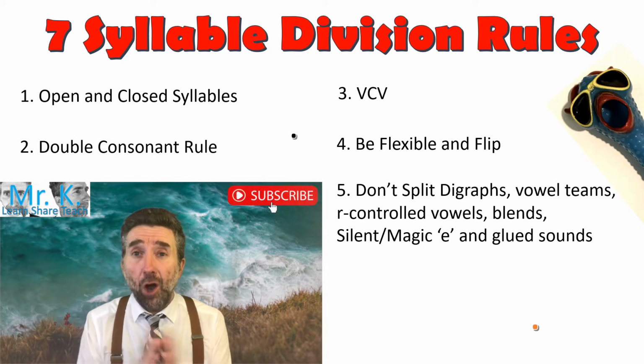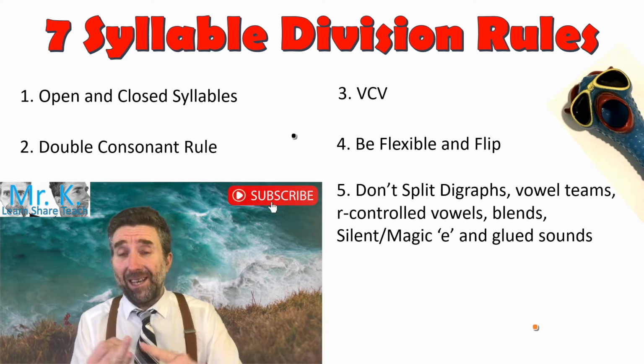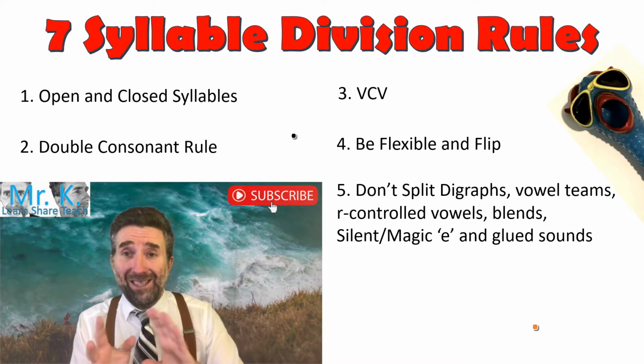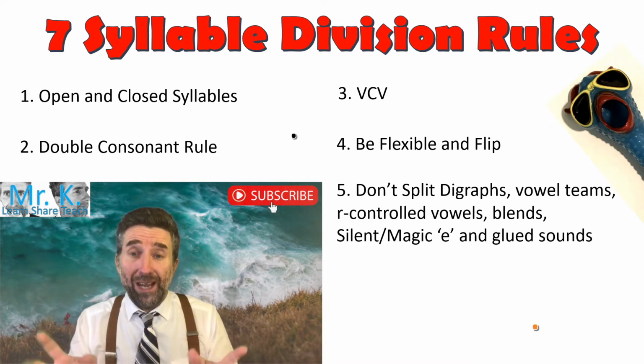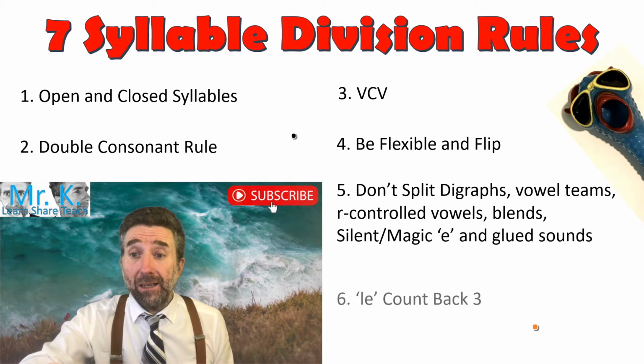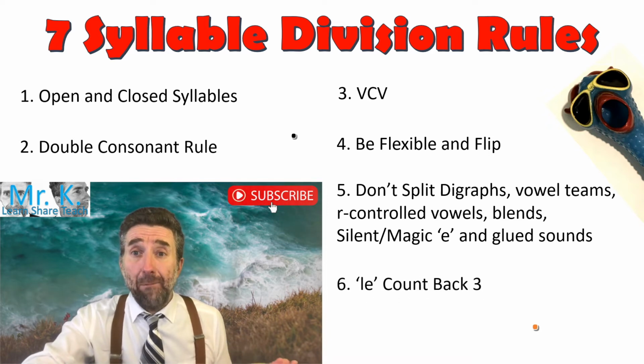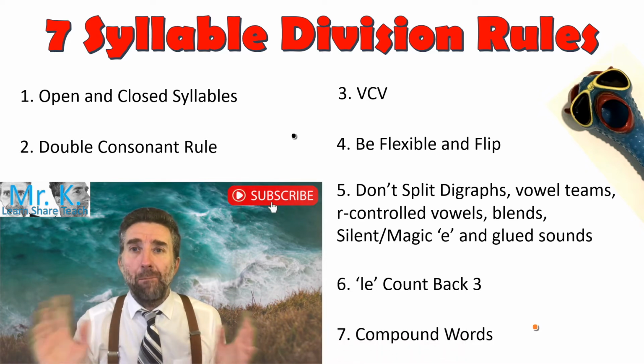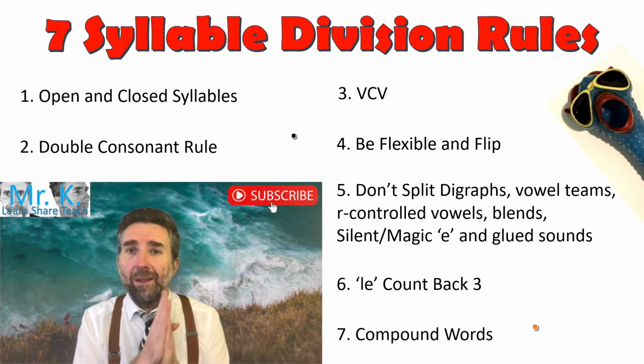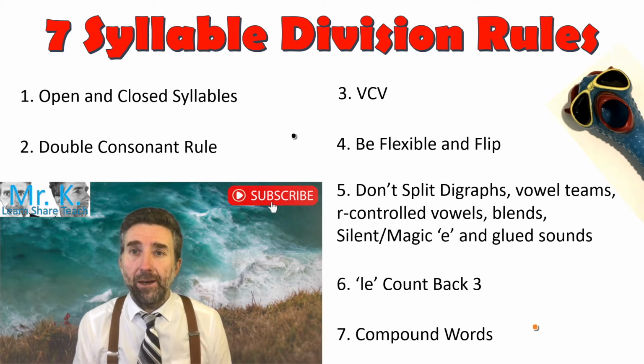Number 5, don't split digraphs, vowel teams, R-controlled vowels, blends, silent or magic E, and glued sounds. Number 6, the LE count back 3 rule, and number 7, compound words. So we're going to talk about those 7 syllable division rules. Anyway, let's get things underway.